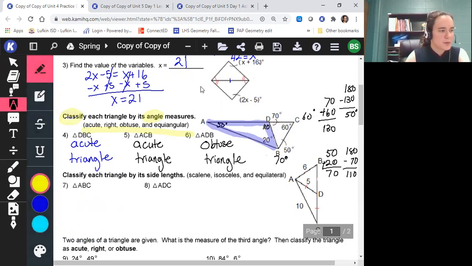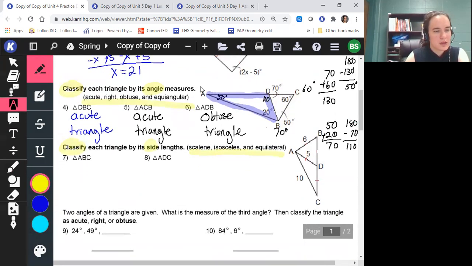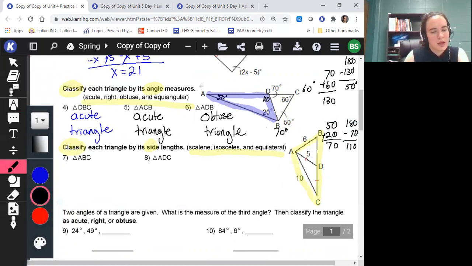Our next set of examples, we are classifying each triangle by their side lengths. Again, we have the options listed. Our first triangle that we are looking at is triangle ABC. Triangle ABC is our largest triangle. And we have a side of 10, a side of 6, and a side that we only know part of is 5.